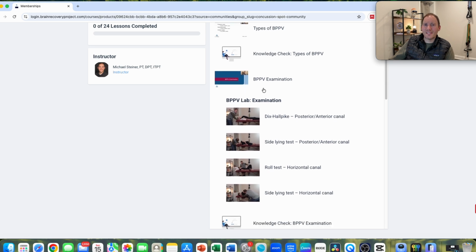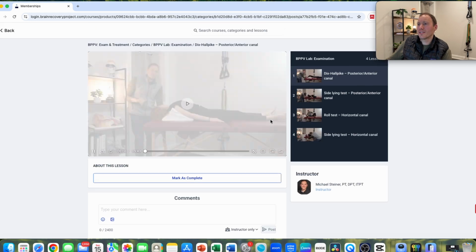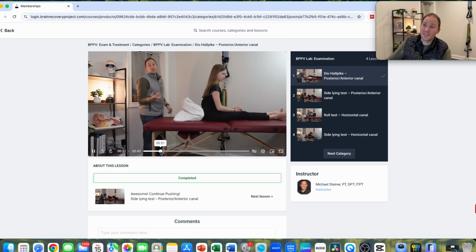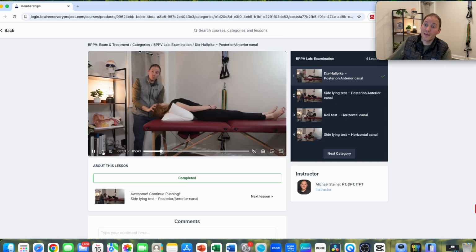Any of the examination or any of the modules that have testing or treatment, I will have lab components to this. So it's not just a lecture course. I will go through each one of these tests or treatments in depth, and I'll talk about the different tips and tricks or clinical pearls, those small things that I find to be very helpful in the clinic to help with positioning your patient or getting their head in the right position.